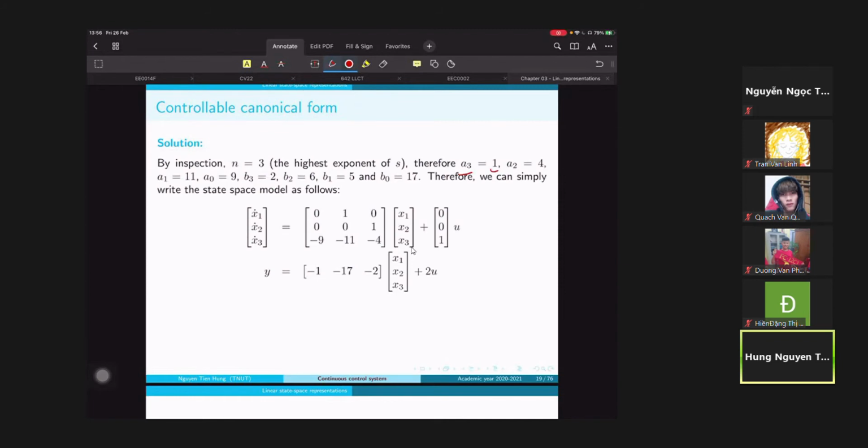So we have 9, 11, and 4. So we have a0, a1, and a2. The maximum is a2 because we have n minus 1. And in this case, Bn is B3 and equal to 2.